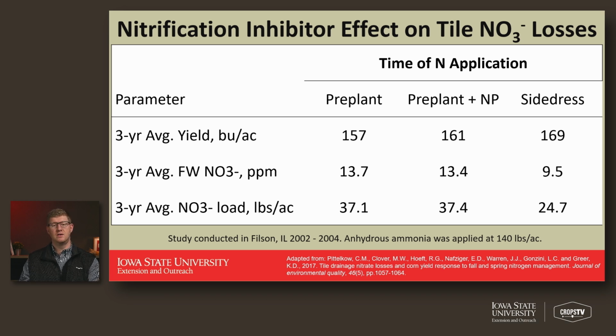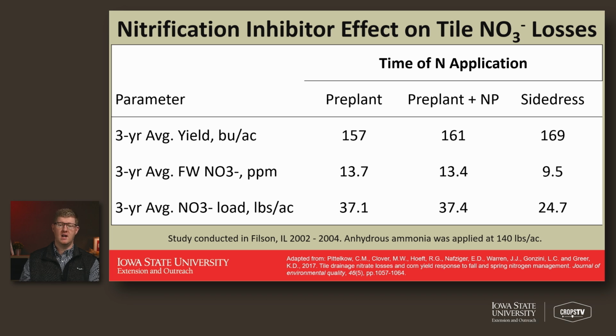Now, the next two rows on this table are actually related to water quality. The center row is flow-weighted nitrate concentration. What that means is it's essentially how many units of nitrogen are leaving per unit of water that's leaving the field.